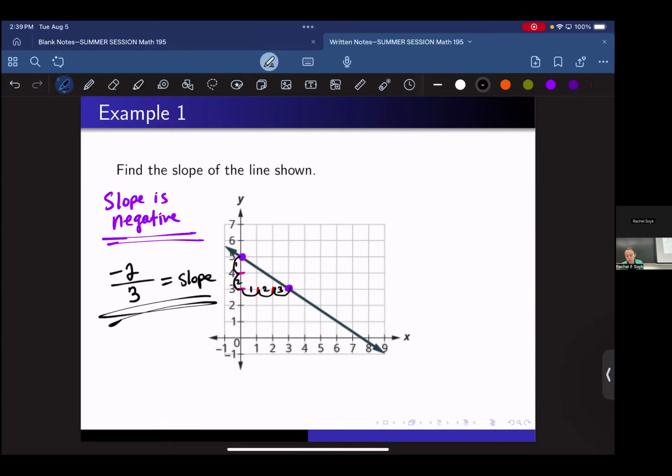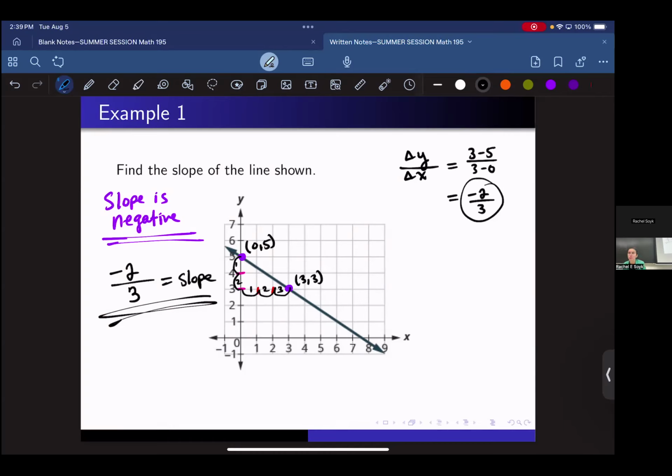If you're confused at that method, you can also just find the coordinate points of these two and then use change in y over change in x. This coordinate point is 0, 5. This coordinate point is 3, 3. So we have change in y, 3 minus 5 over change in x, 3 minus 0, -2 over 3.